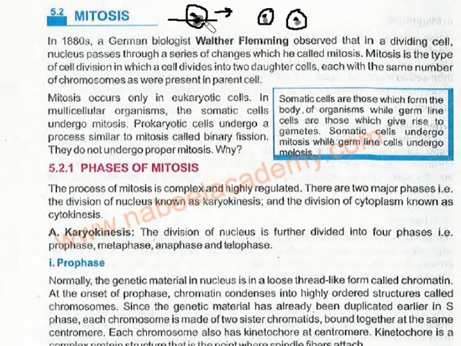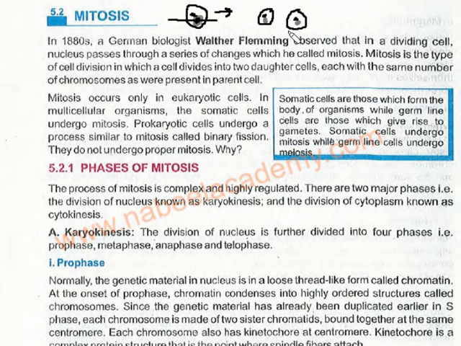If the nuclear material is half, and after the next division again half, at some point, just imagine, the nuclear material will vanish, becoming half of the half, then half of the half. This is not how it works. The nuclear material has to be constant, uniform, and equal in each and every cell.